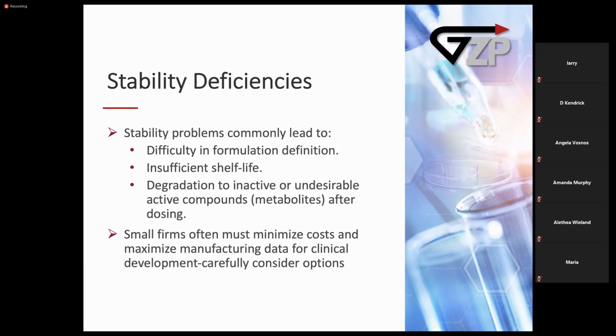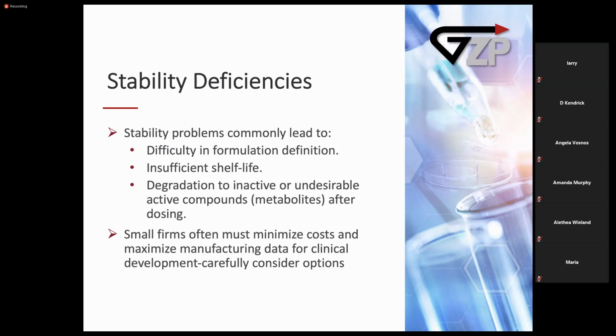So you need to use animal models which are reasonably predictive of what you expect to see in humans. And to some extent, that's as simple as determining that the metabolite profile in the animal is similar to what you see in human hepatocyte preparations. And that's an in vitro study that you can do to look at metabolism by liver enzymes. And so again, you're looking for as much concordance as you possibly can.